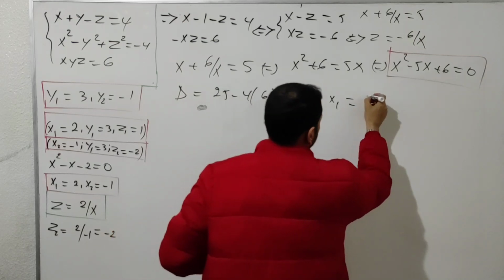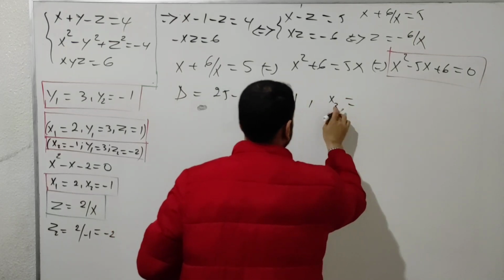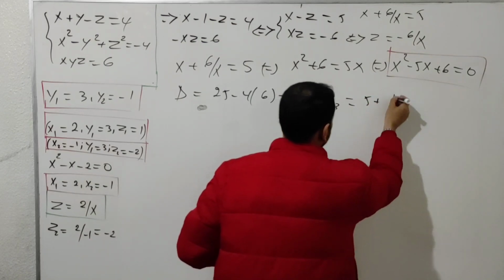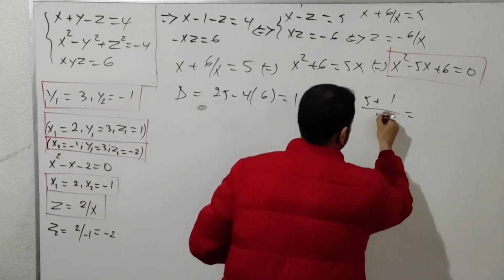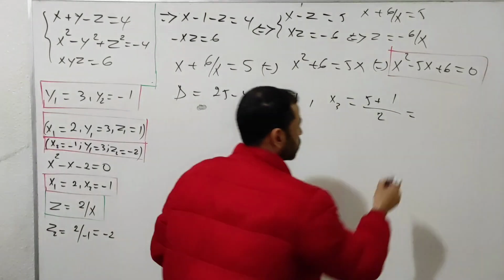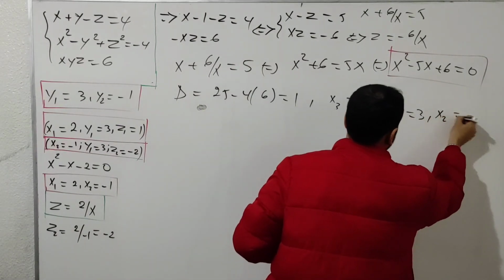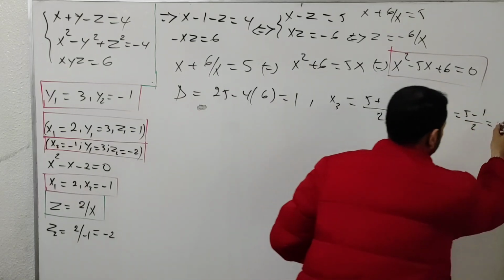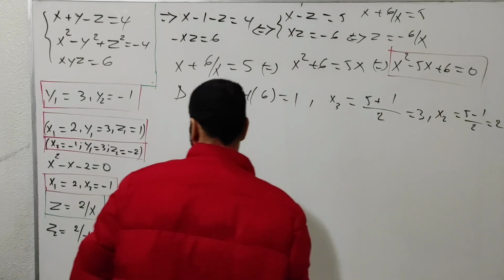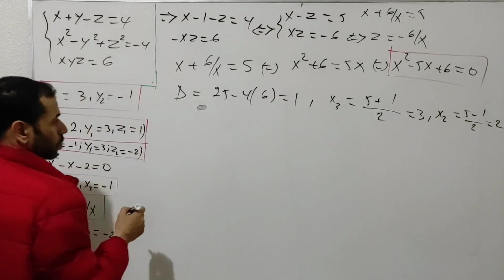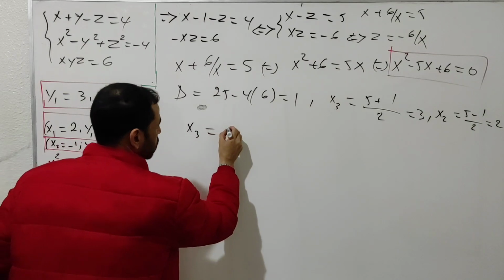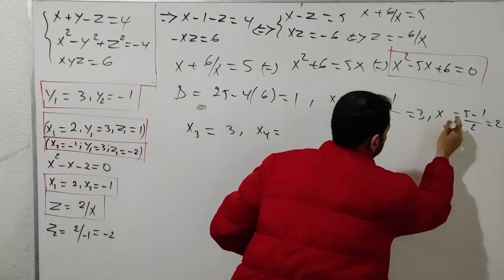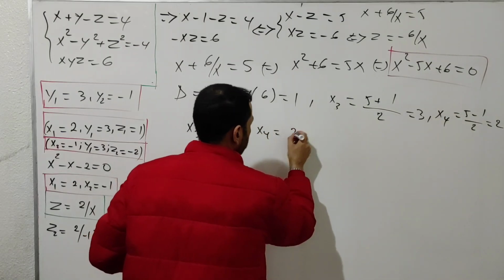Let's call it x3, which is 5 plus the square root of delta, which is 1, over 2, which equals 6 over 2, which is 3. The second solution, I will have 5 minus 1 over 2, which equals 4 over 2, which is 2. So I have found another two solutions: x3 equals 3 and x4 equals 2.